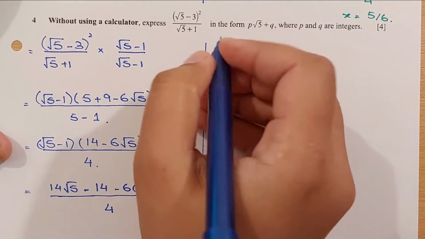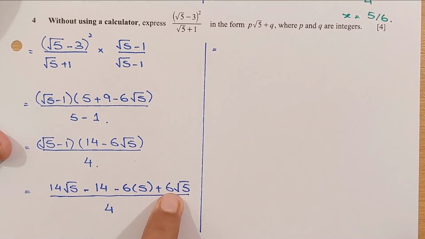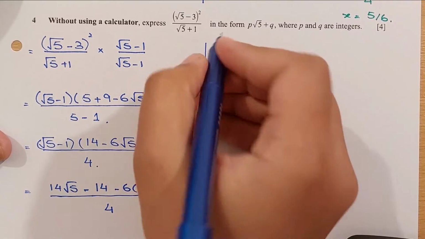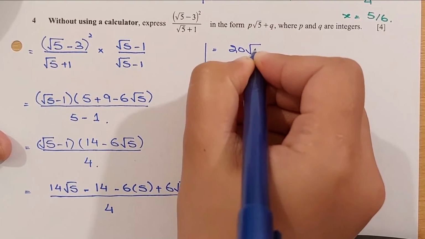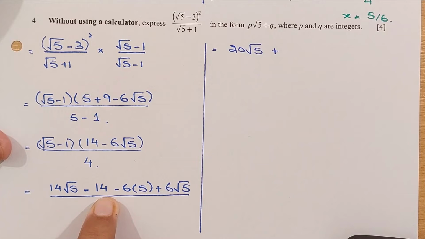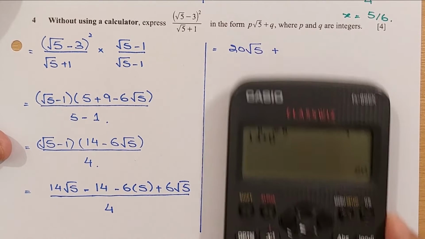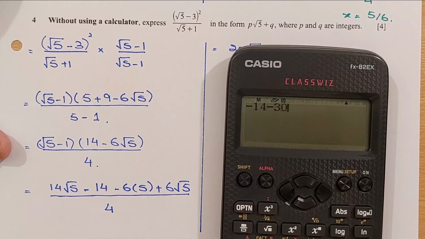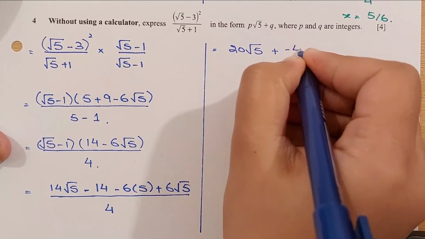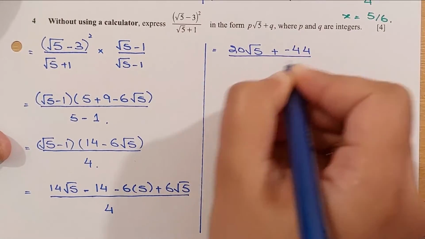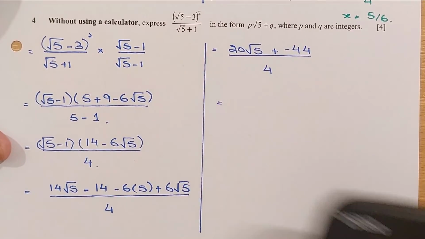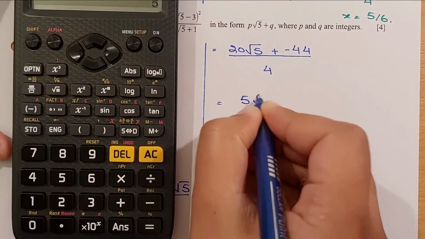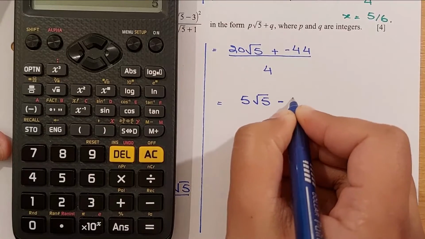Okay, so we have now 14 plus 6 is 20, that's 20 square root of 5, plus, okay, 6 times 5 is 30, so minus 14 minus 30 is minus 44, divided by 4. So 20 divided by 4 is 5: 5 square root of 5 minus 44 divided by 4 is 11.